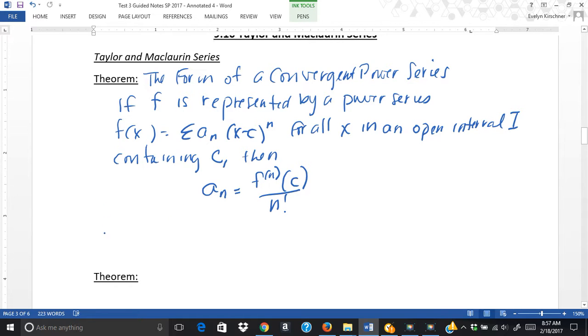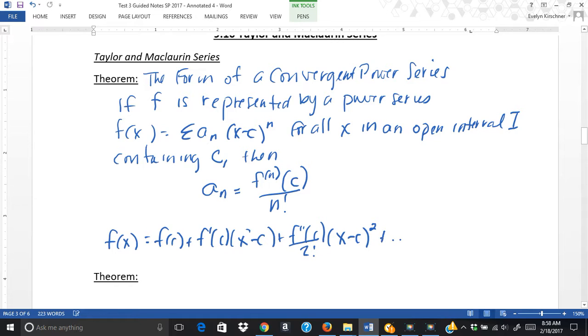And then we can represent the function f of x as f of c plus the derivative at c times x minus c plus the second derivative at c over 2 factorial times x minus c squared, and so on, including the nth derivative evaluated at c over n factorial times x minus c to the nth power, and continuing on forever. It's an infinite series.